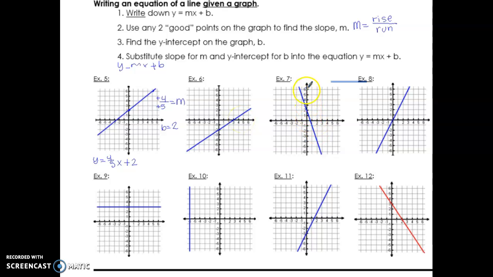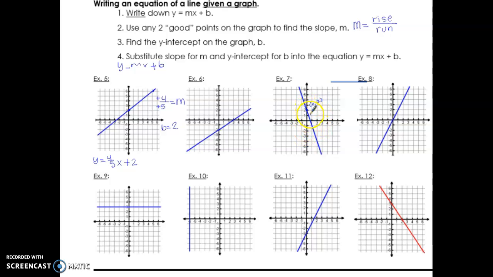So again, I am going to pick this point right here because it crosses exactly at the y-axis, which is 0. And then when my y is equal to 2, this point right here is (0, 2), right?